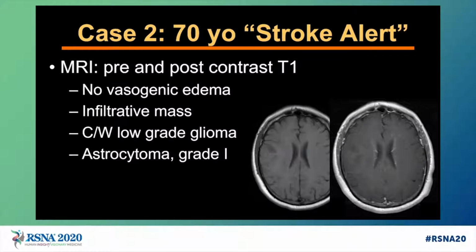Here are the pre- and post-contrast images, and you can see that there's no contrast enhancement. So putting together the findings of an infiltrative lesion, no surrounding vasogenic edema, and low density on CT, it's consistent with a low-grade glioma. And at pathology, this turned out to be an astrocytoma grade 1.